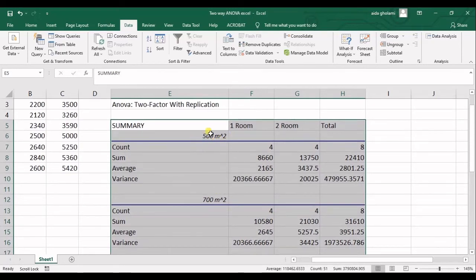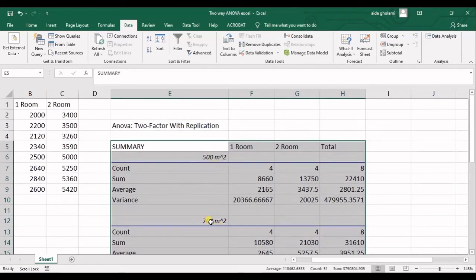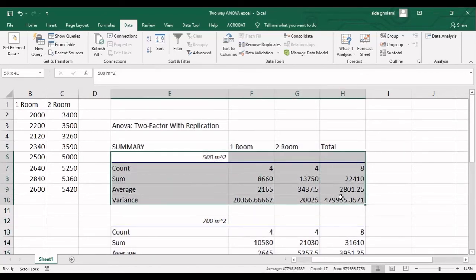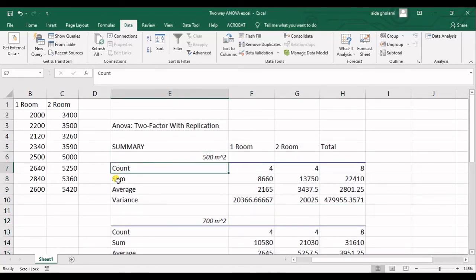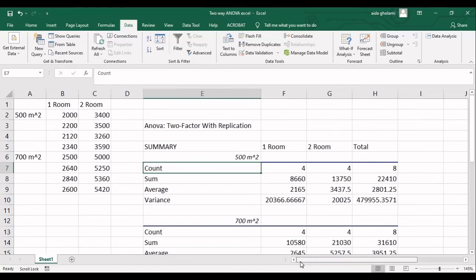You have 500 square meter and 700 square meter. First table is for 500. You can see the count, which is the number of data for 1 room and 500 square meter, which is 4. You have 4.